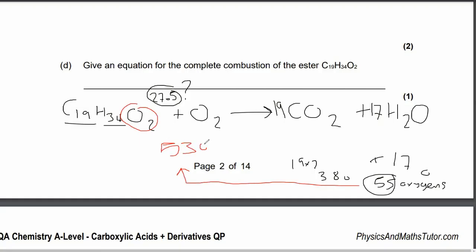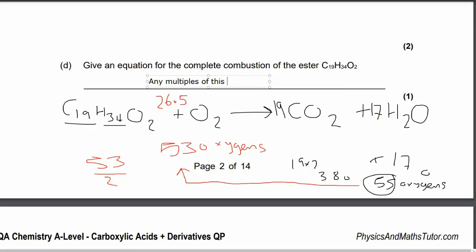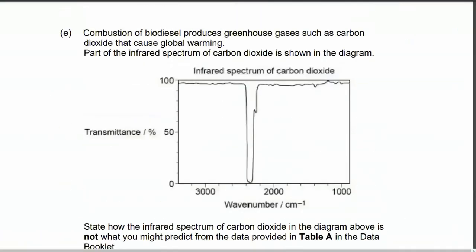So actually we only need 53 oxygens to balance the left-hand side. So we do 53 divided by 2, and that's 26.5. And so 26.5 in front of this O2 plus the 2 in our C19H34O2 makes 55, which we've got on the right-hand side. And you can have any multiples of this. So if you don't like dealing in halves, some people don't, you can double all of this.